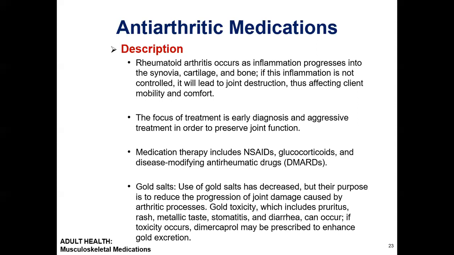So rheumatoid arthritis starts from small joints in hand and feet, but then spreads to the big joints. And rheumatoid arthritis pain is in symmetric joints. Means if you have the left hand joint involved, the right hand joint is involved as well. So the same on both sides of the body.